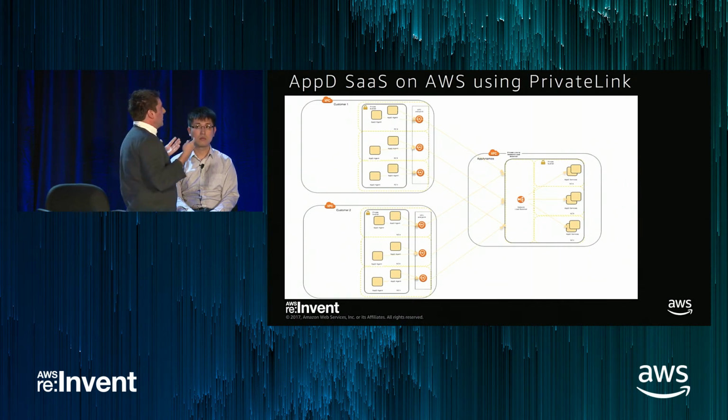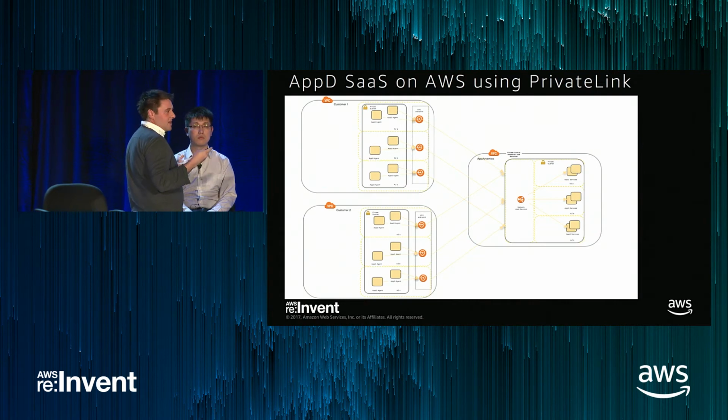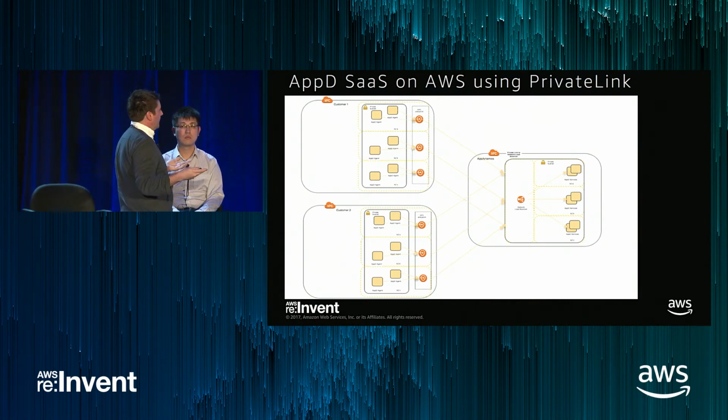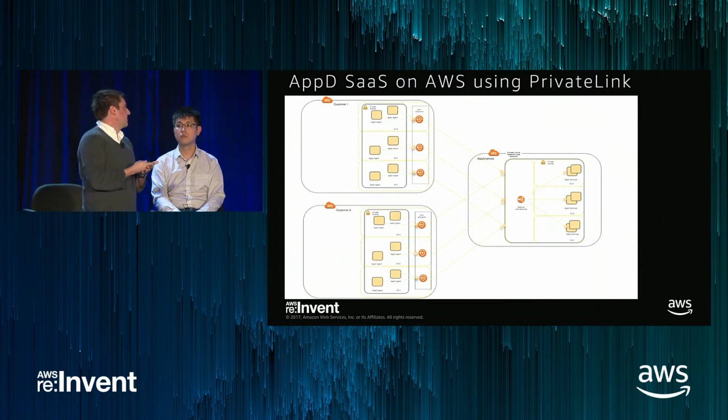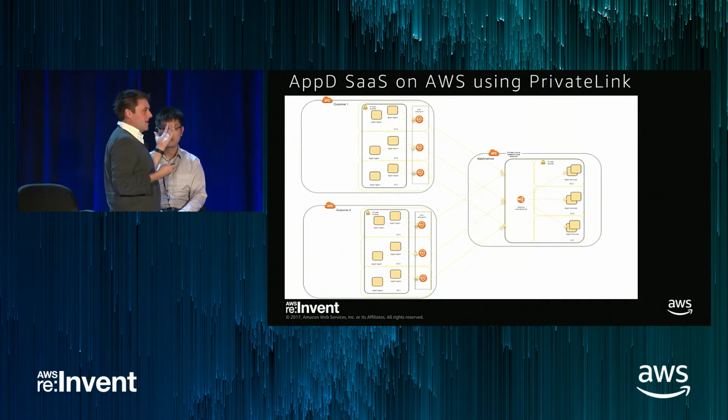So customer 1 can go to our marketplace, find our service, and then that account will be whitelisted to our service. From that point, they can create their VPC endpoint that'll attach to that service. Like Tim said, now you have a DNS endpoint to send this traffic. And so now all my app agent traffic from customer 1's VPC can go down to the network load balancer securely and then right to our ingestion services.